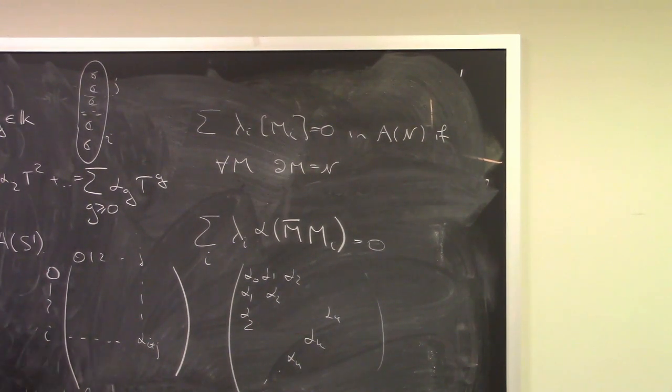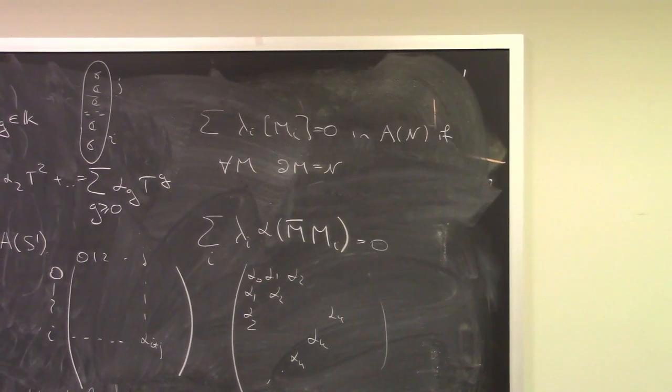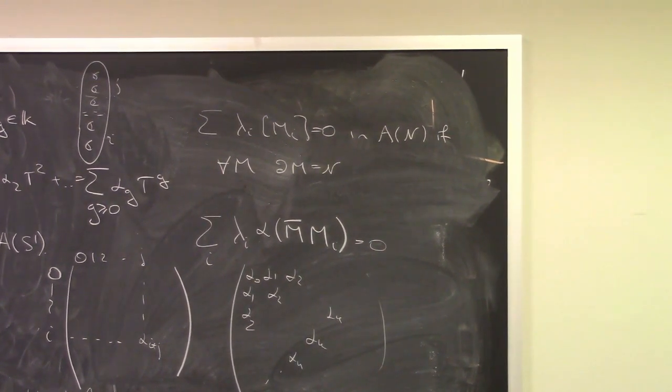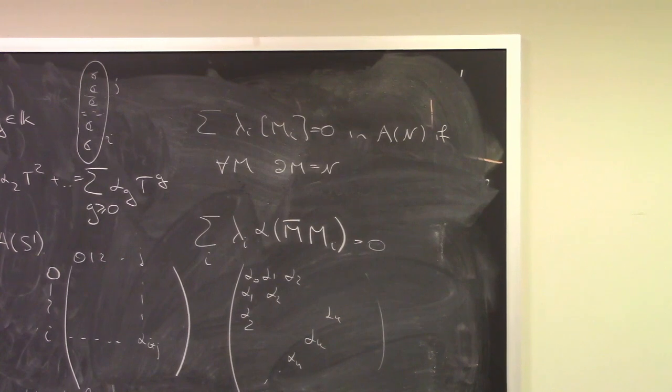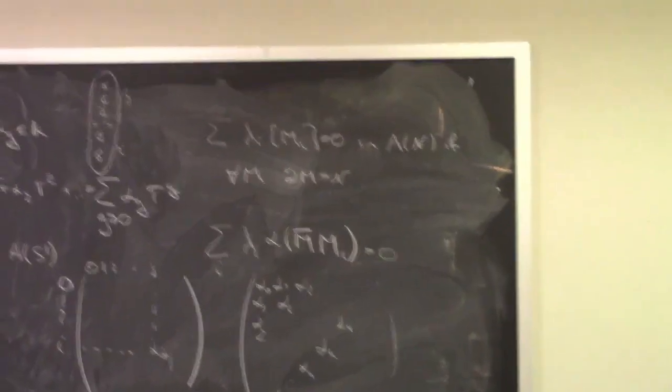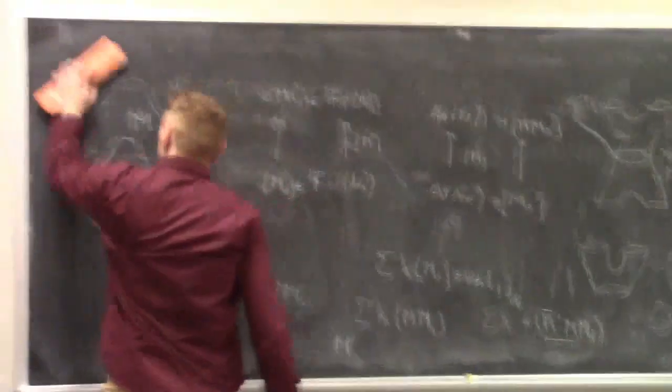There's a theory which goes back to the 19th century for when this matrix has finite rank. Because we want to have a finite dimensional theory for every manifold. So we want this matrix to have finite rank. The theorem is essentially classical. So let me state it.